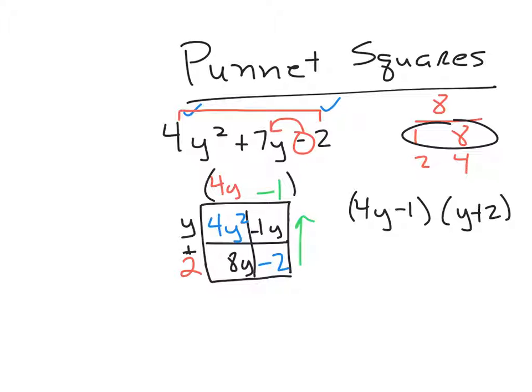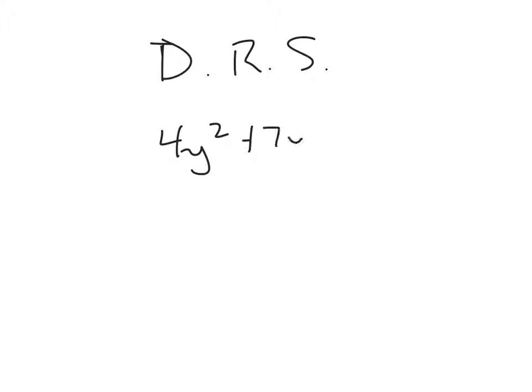Now, we're going to use the same problem, except now I'm going to use divide, reduce, swing. Some people call it slip and slide. So the problem is 4y squared plus 7y minus 2.